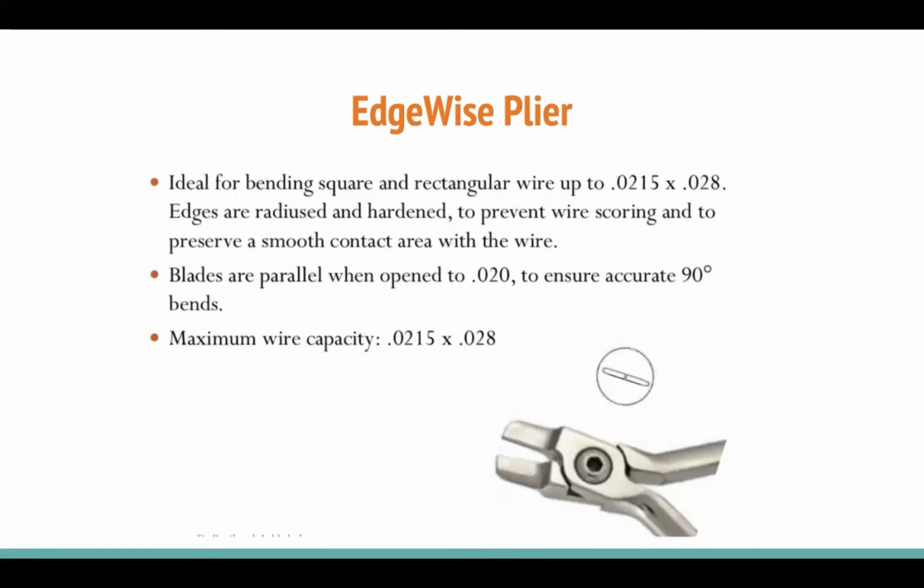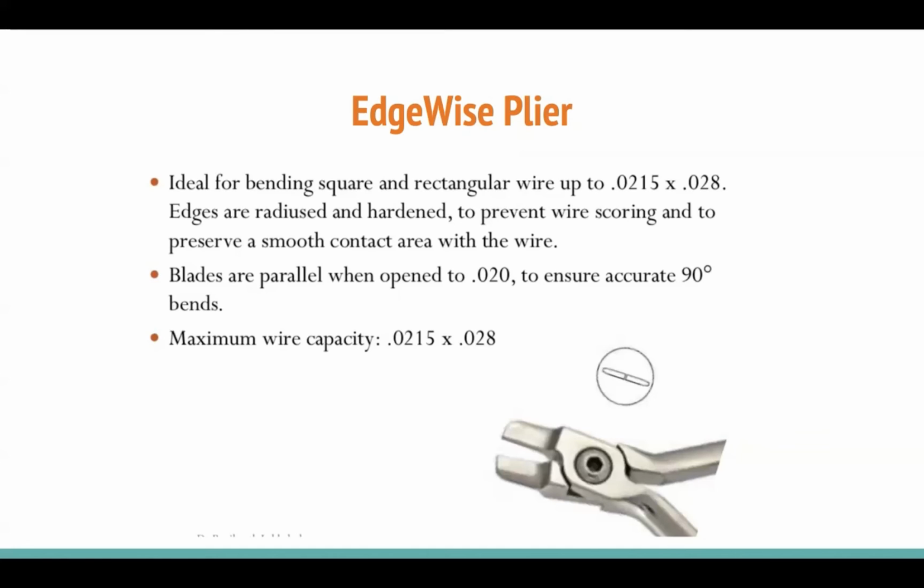If you have a very cheap plier, you can't have control over the angulation of the bend you're putting in the wire. It's ideal for bending square and rectangular wire up to 18 by 25. The edges are hardened to prevent wire scoring and to preserve the smooth surface of the wire.